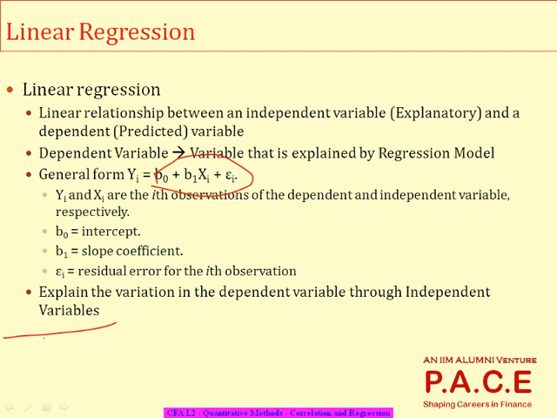The normal beta which you were using in equity relationships, even in CAPM, RF plus beta times RM minus RF, is actually coming from this regression equation itself. So the coefficient of x in any kind of linear relationship is nothing but the beta.